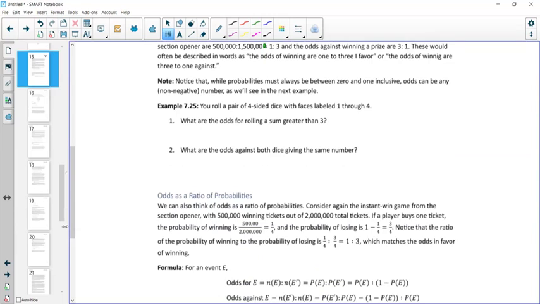So you roll a pair of 4-sided dice with faces 1 through 4. What are the odds of rolling a sum greater than 3?